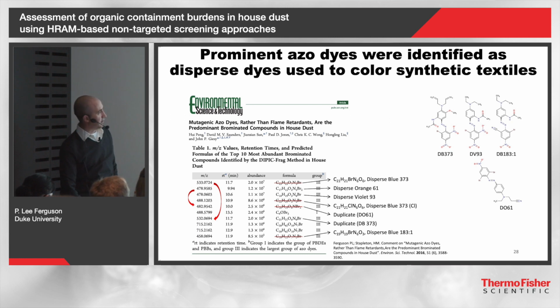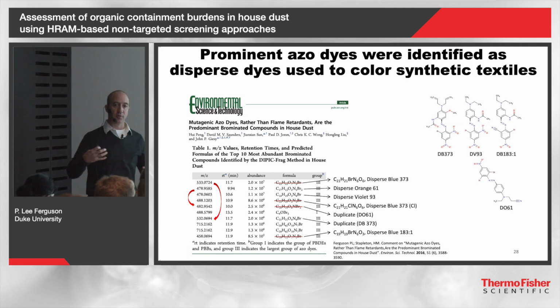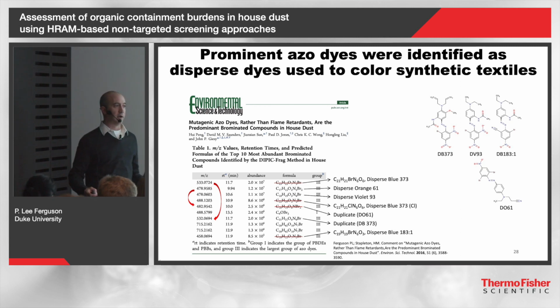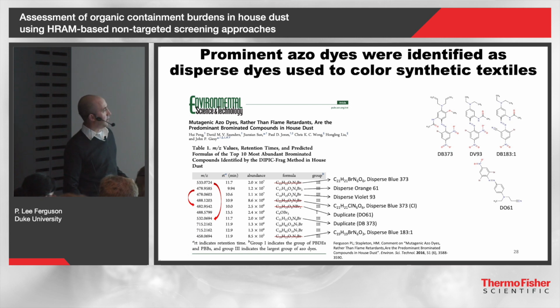And so these are a variety of different azobenzene-based disperse dyes that are used to dye polyester and nylon. They've been very, very poorly studied in the environment. There's almost no data about their occurrence in the indoor environment. There's a little bit of work in textile streams downstream of textile plants or waste streams.